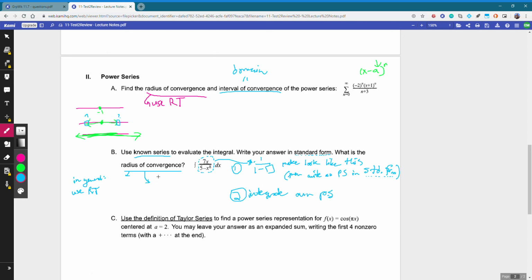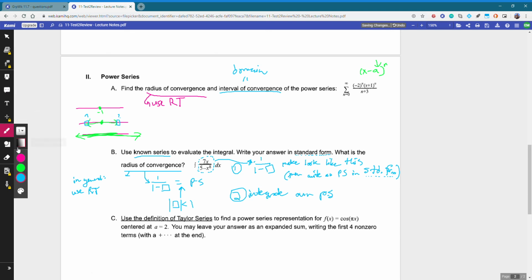We have a much faster, much cleaner way to get at the radius of convergence. The idea here is that this thing equals its power series when, what's the check for our geometric series? It's when the absolute value of our r is less than 1. Well, here it's the absolute value of the box is less than 1.